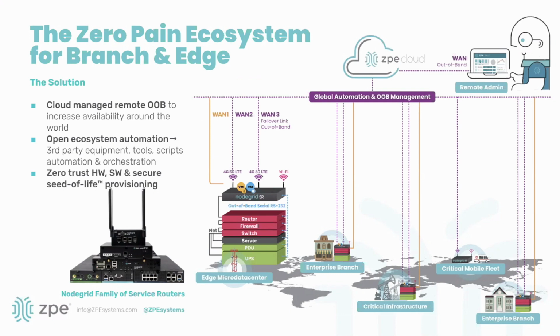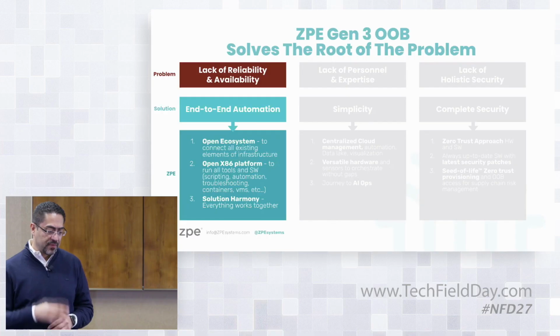And for the type of customers that we are dealing with, security being so important, the zero trust hardware, software, and the seed-of-life provisioning, where a box is shipped blank, and then they provision themselves if the box is trusted all the way up to fully deployed, is that unique selling point that people select our boxes for.